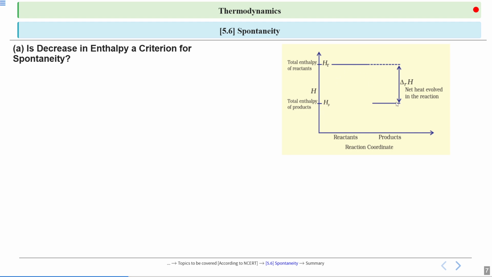Now if you try to calculate the difference in their energy, let us call it delta rH, or the reaction enthalpy. It will come out to be negative because the enthalpy change equals product minus reactant, and the product is at a lower energy. Therefore, this reaction is exothermic. So you must know how to represent a given reaction in terms of a reaction coordinate.